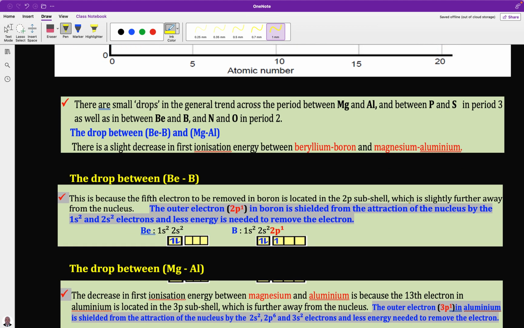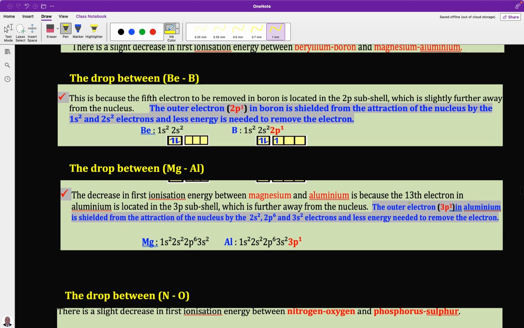The drop between beryllium and boron, as well as magnesium and aluminum.